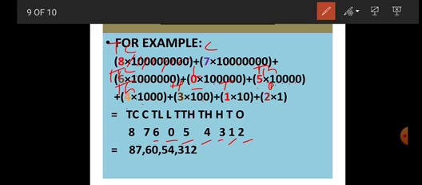So we get the standard form: 87 crore 60 lakh 54,312. So we first find the place of each digit, and you draw a place value chart and put the digits into their places.